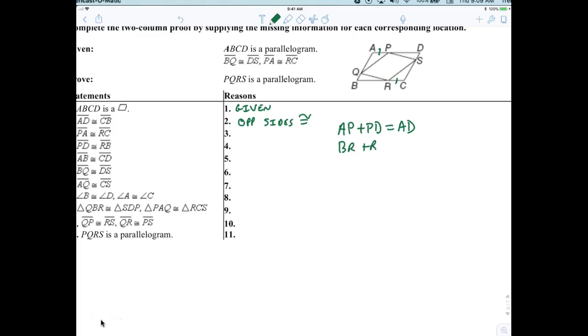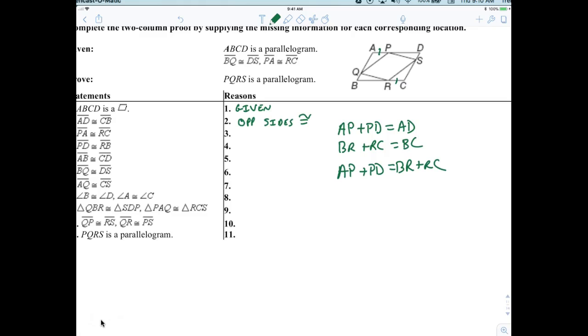And we know that BR plus RC is equal to what? BC. And we already said that AD is equal to BC, correct? Therefore, AP plus PD has to equal BR plus RC. Is everybody with that? That's a substitution, right?